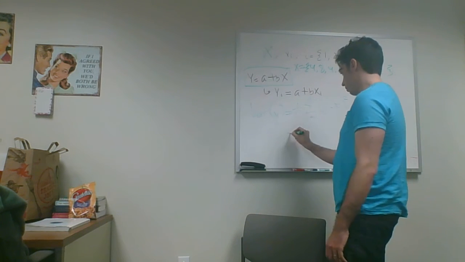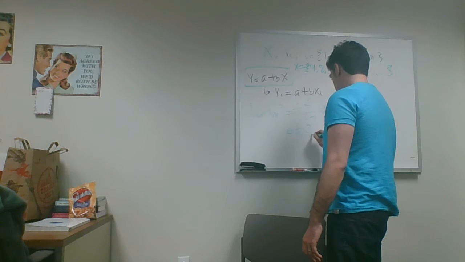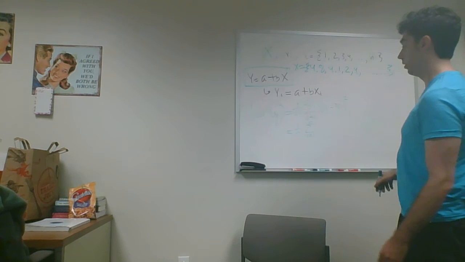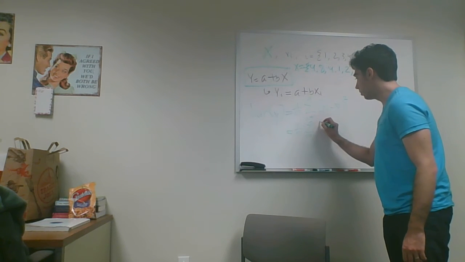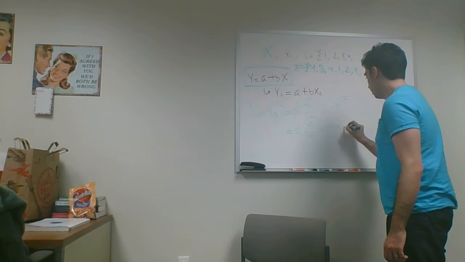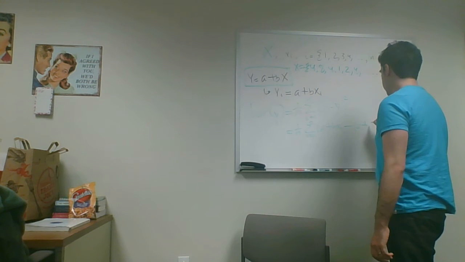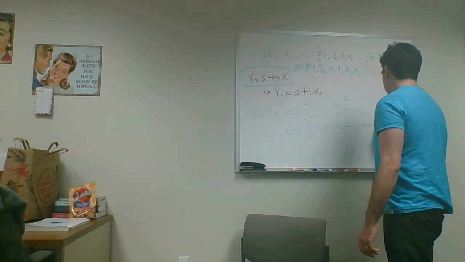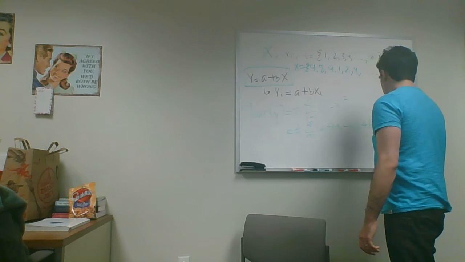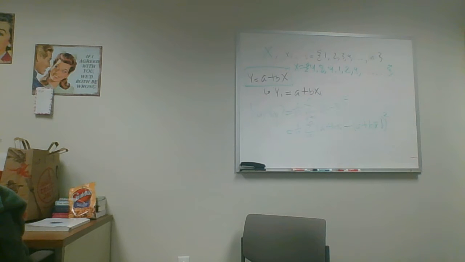The first thing now to solve this, what I'm going to do is substitute in the formula for yi and for y bar. So it's going to become a plus b xi minus, in parentheses, a plus b x bar, the whole thing squared. Hopefully everybody can see that.